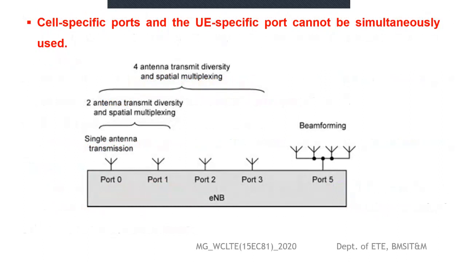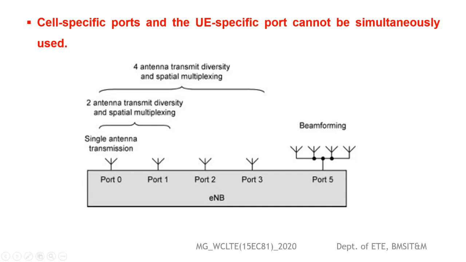About the idea of antenna ports: I said cell specific ports and the user equipment specific port. Cell specific ports and user specific ports cannot be used simultaneously; that is one limitation here. Antenna ports 0, 1, 2, and 3 are cell specific, all used for downlink transmission.